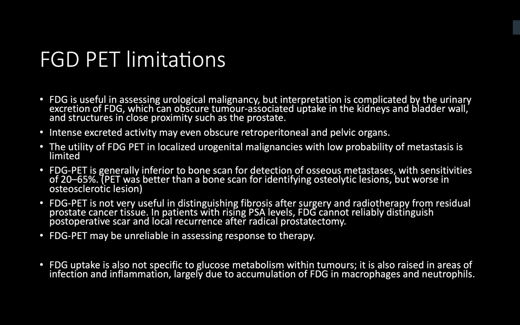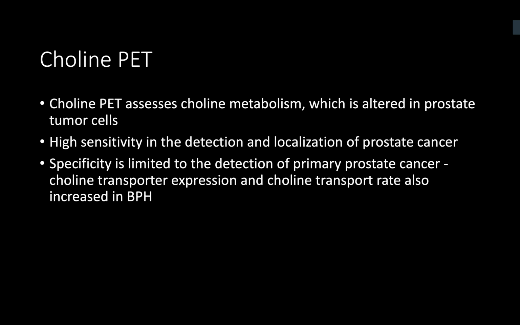That's why FDG PET was not that useful in urological malignancies. Initially it was the choline PET CT scan, because choline is based on amino acid metabolism, and there is a lot of choline activity in prostate tumor cells. But one of the problems with choline was that there is a lot of choline expression in BPH tissues.